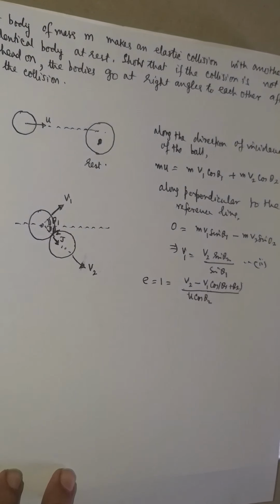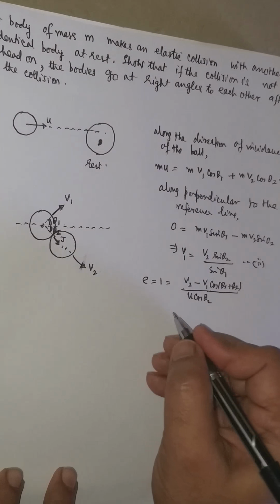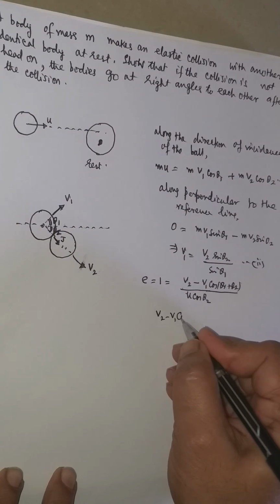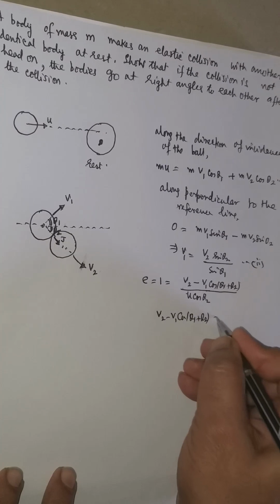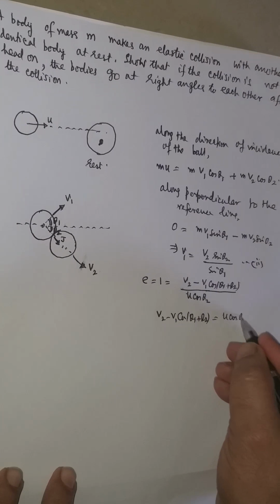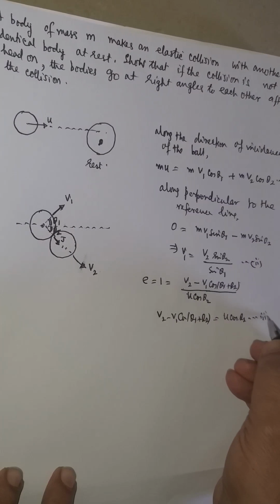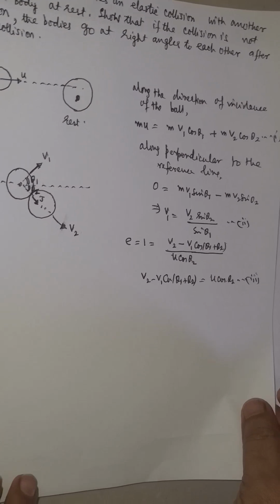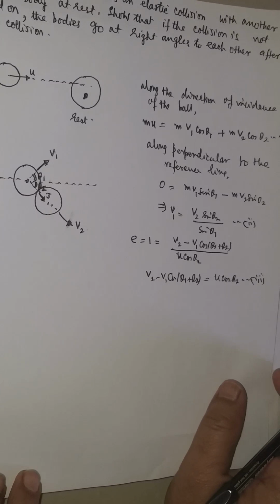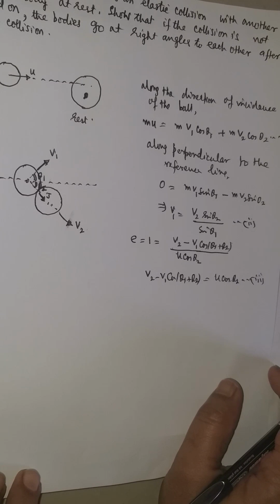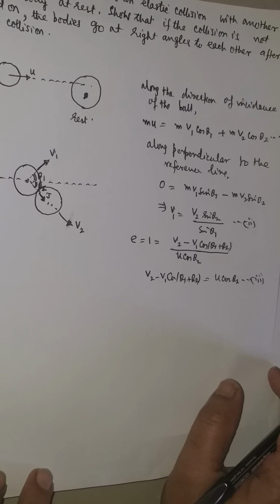And as this is 1, let's change the sides. We have v2 minus v1 cos theta 1 plus theta 2 equal to u cos theta 2, let it be third.